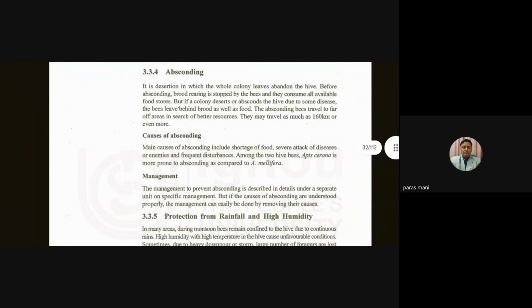And absconding, we have discussed it earlier. It happens due to many reasons. Absconding is the moving out of workers and not returning to the colony.